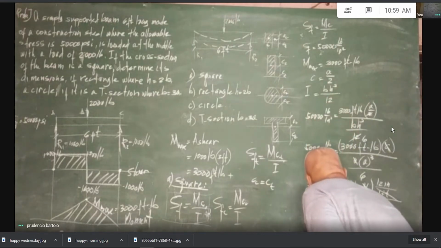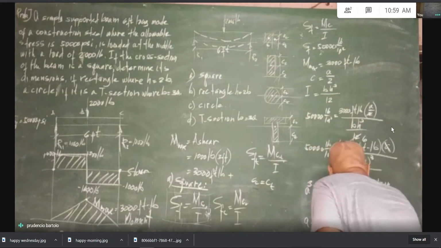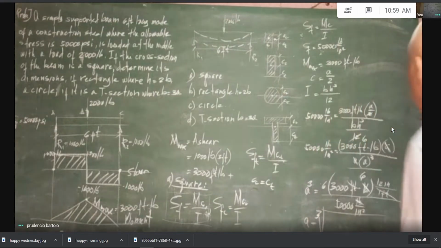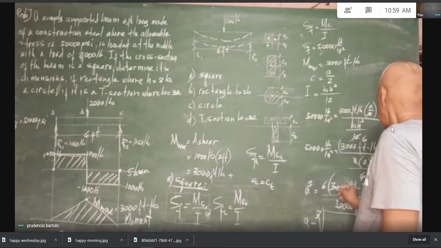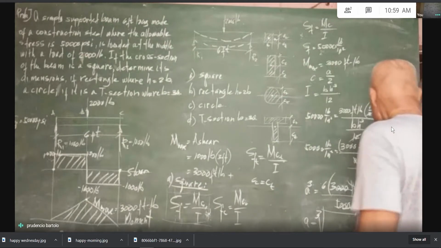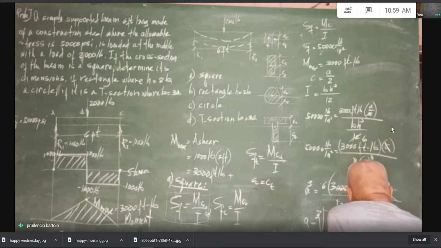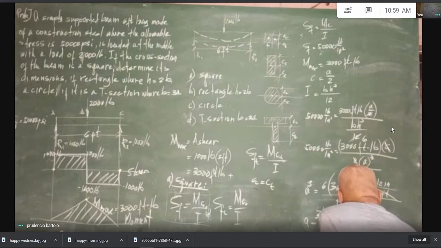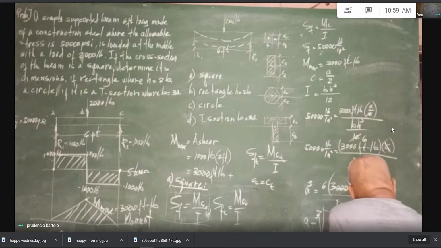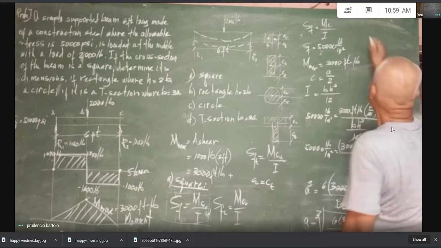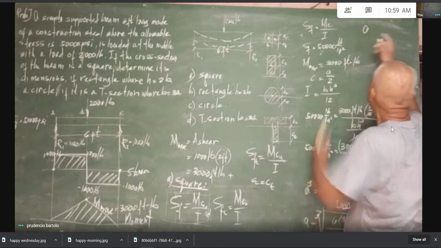Therefore, a will be equal to the cube root of, cancelling this out, 6 by 3 by 12 all over 50, in inch cubed.